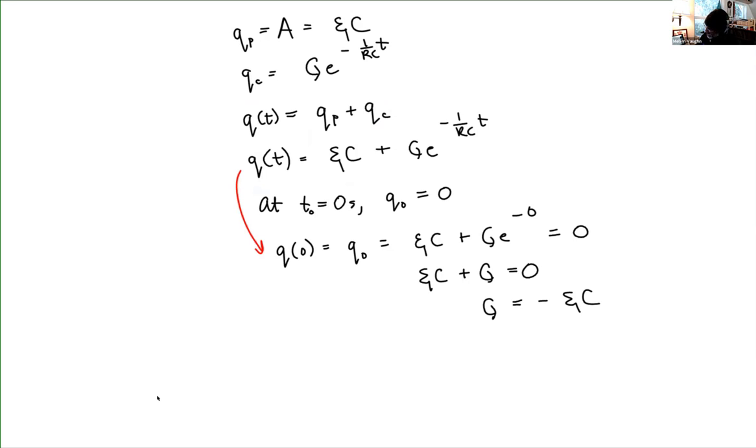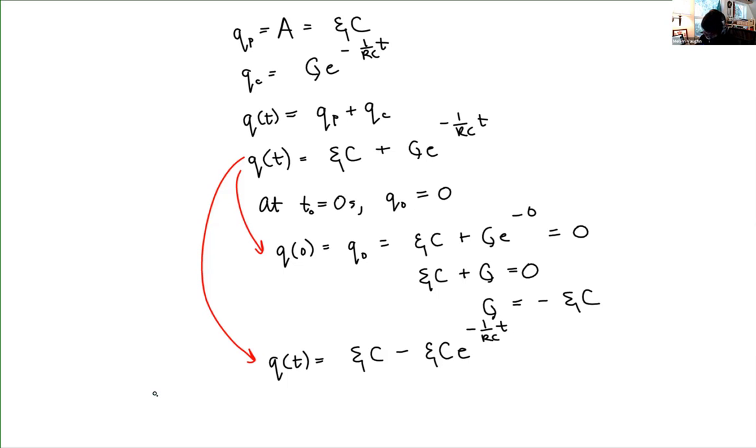This means we could now finally write an expression for the charge as a function of time. Charge as a function of time is that product of potential difference and capacitance minus the product of potential difference and capacitance, e to the minus 1 over RCT.